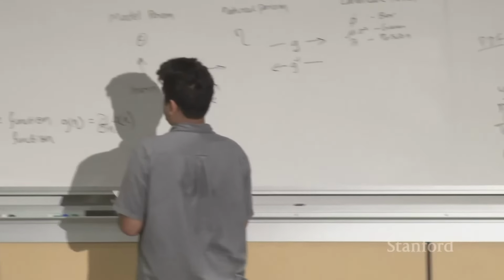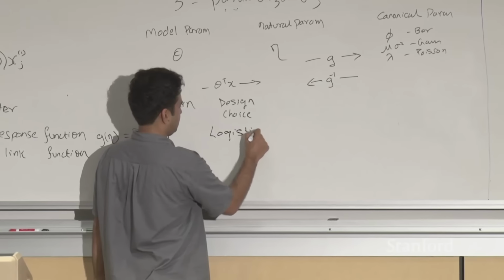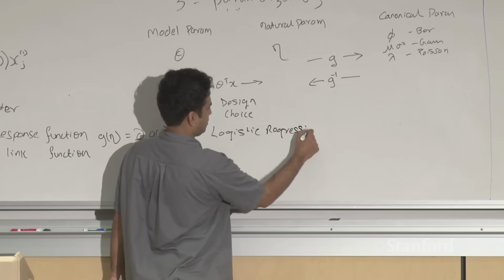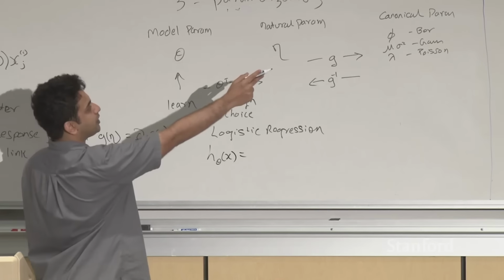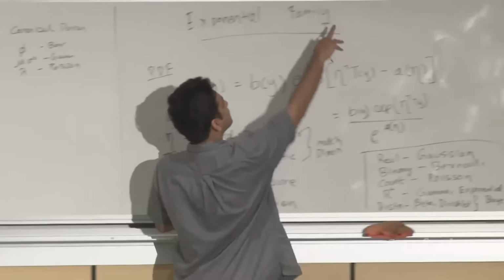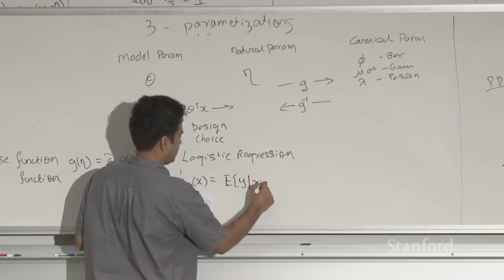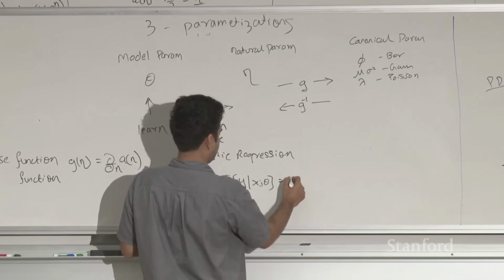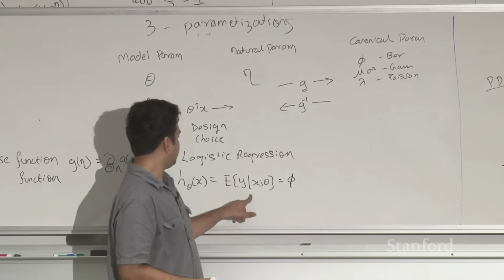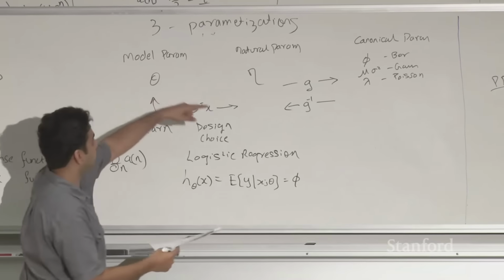So now it's actually pretty clear. You can see, when you're doing logistic regression, h theta of x is the expected value of y conditioned on x and theta, and this is equal to phi, because here the choice of distribution is a Bernoulli, and the mean of a Bernoulli distribution is just phi, in the canonical parameter space.